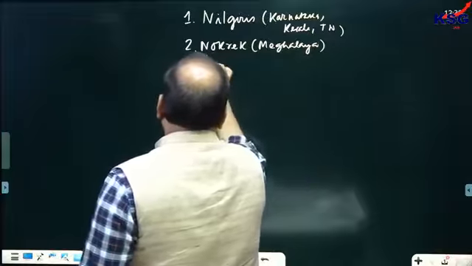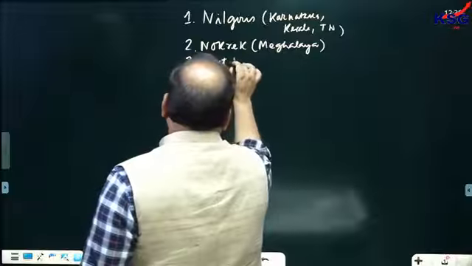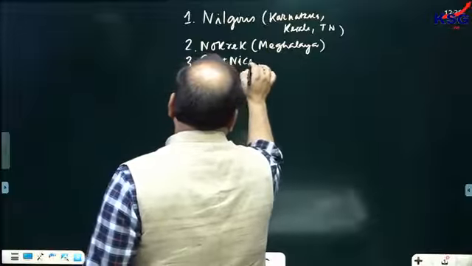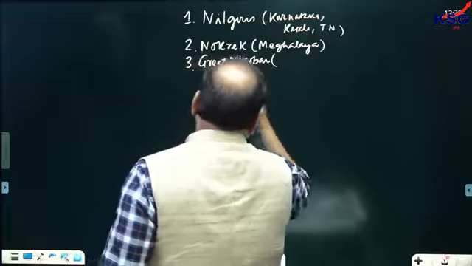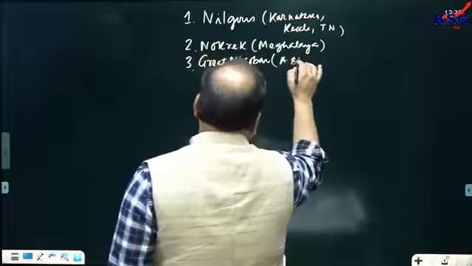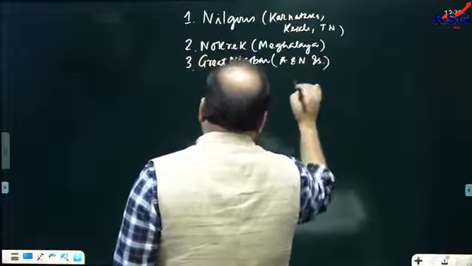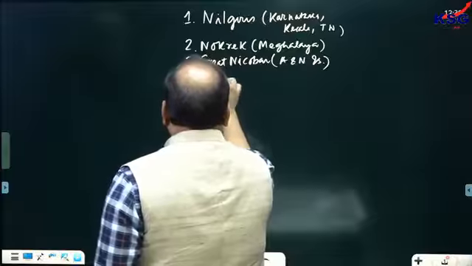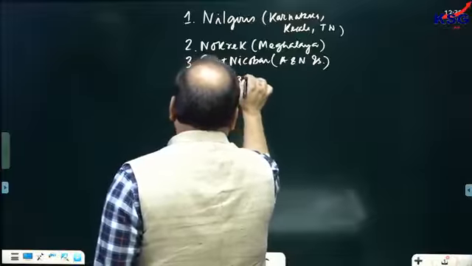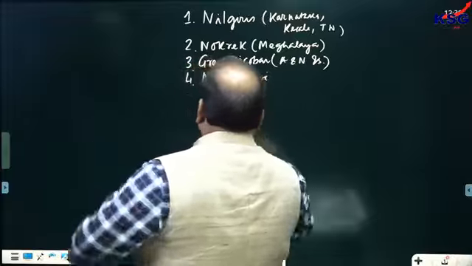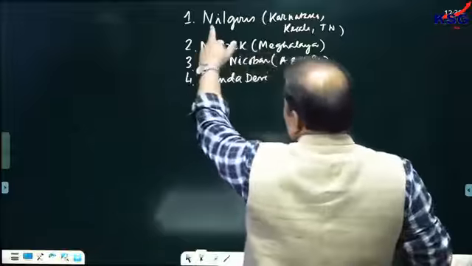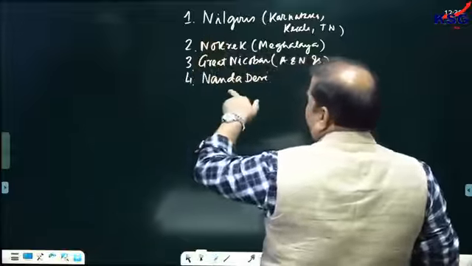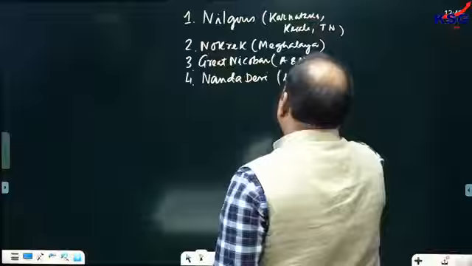Third is Great Nicobar. Great Nicobar is in the Andaman and Nicobar Islands, that everybody knows. Fourth, Nanda Devi. See, all N's are together, so that's how I remember it. 4 N's: Nilgiris, Nokrek, Great Nicobar, Nanda Devi. That's in Uttarakhand.